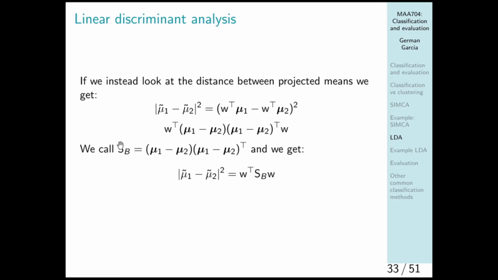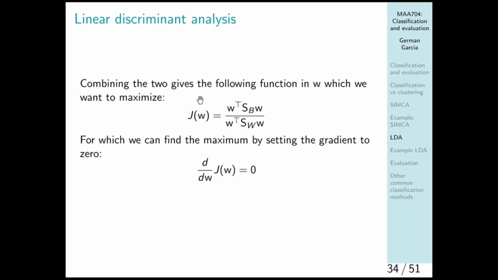If we call that matrix SB, this distance is the quadratic form defined by matrix SB. And so, if we combine both, we find a quadratic form over SB, quadratic form over SW, and you may be thinking, Herman, this is a Rayleigh quotient. Yes, it is.